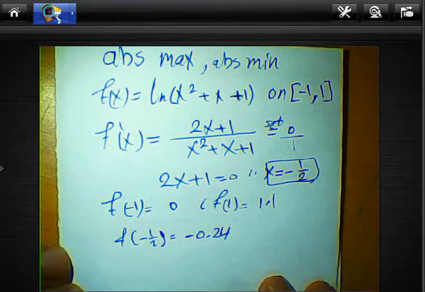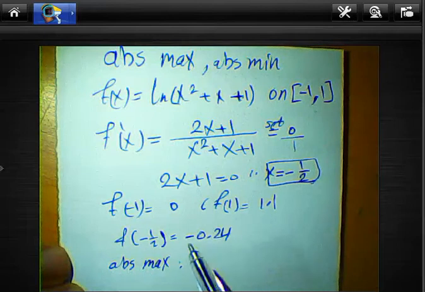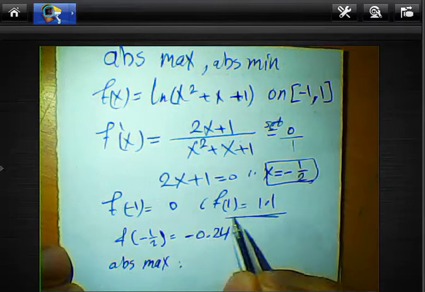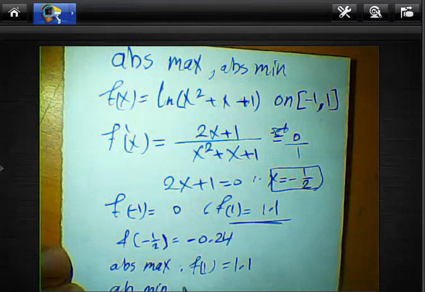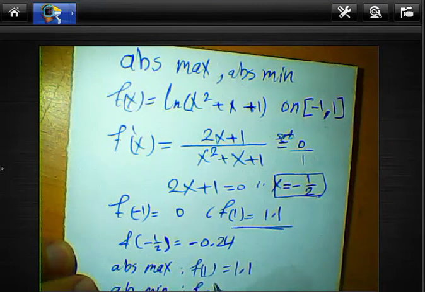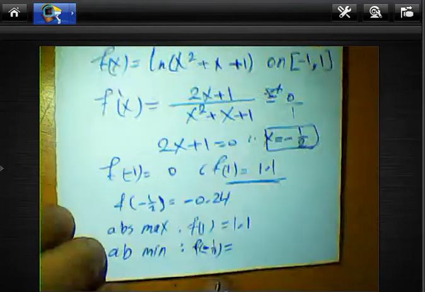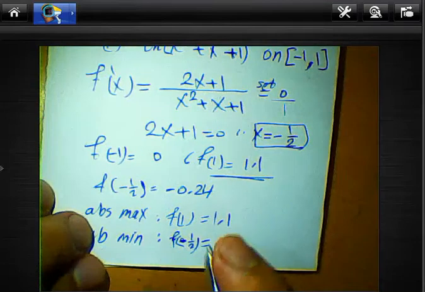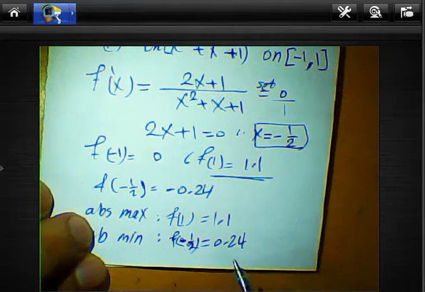Now we can find the absolute max, such that f of 1 equals 1.1, and the absolute minimum, such that f of -1/2, the result will be 0.24.